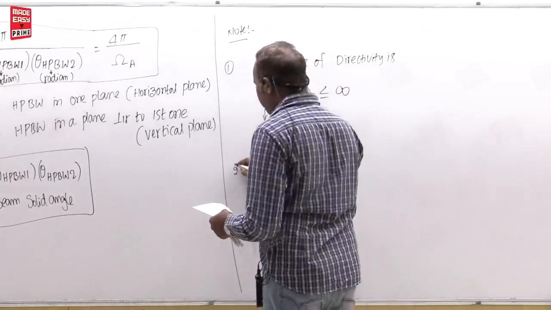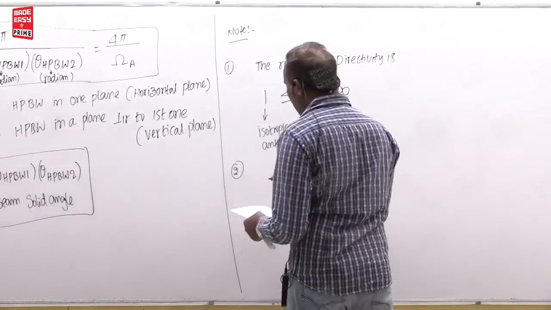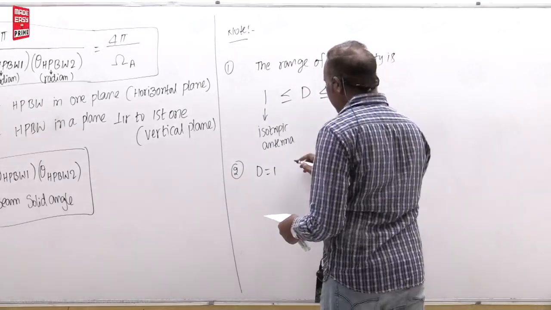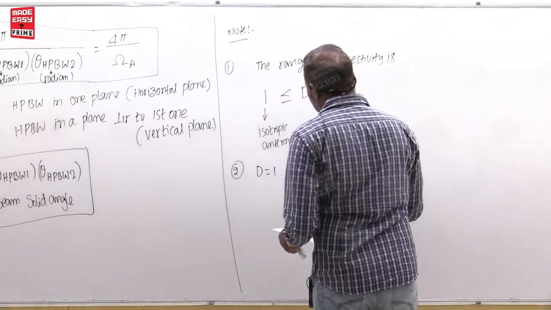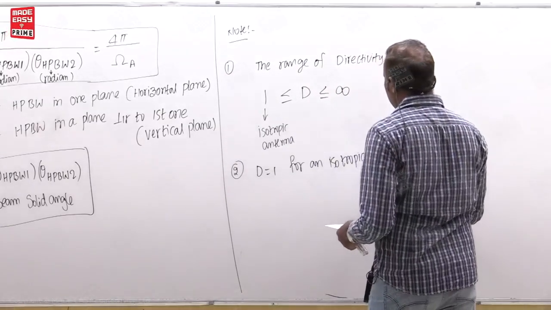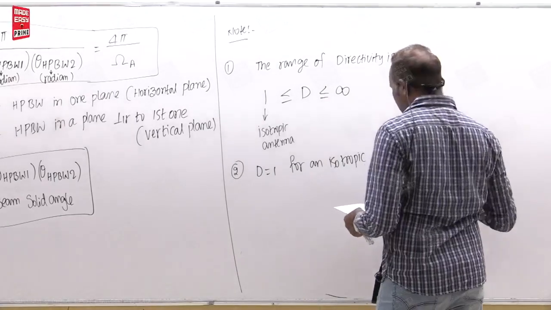Okay, second point. D is equal to 1 for an isotropic antenna.